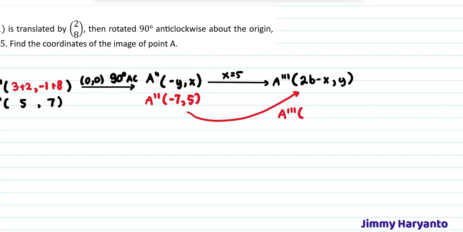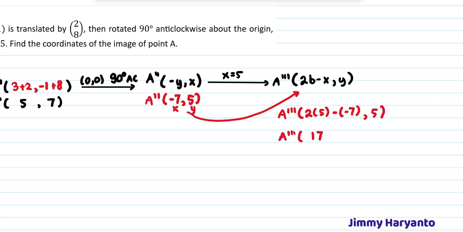My bad, I mean the third image will be 2 times 5 and then minus x. The x is negative 7, not the first x, but this x. This is the x and y for this one. So minus negative 7 for the x, comma y is 5. That means A triple prime equals 10 plus 7 equals 17, 5. So the final image is 17, 5.